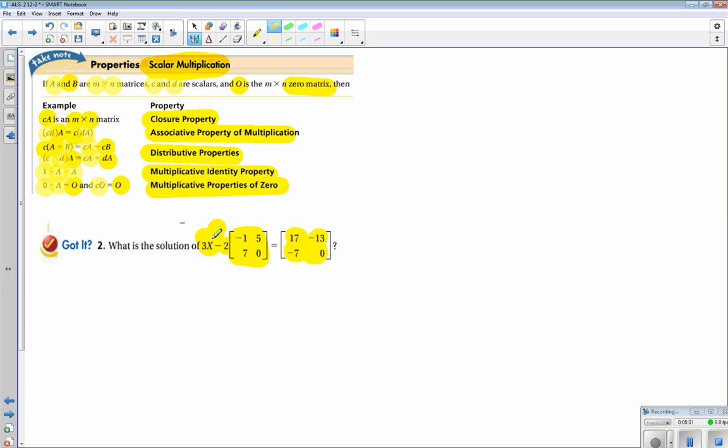So we essentially want to find this matrix X. The first thing that we are going to do is multiply through the 2. So 3 times X minus, and then everything in here, I'm going to multiply by 2, giving 14 and 0. And it equals this matrix here.